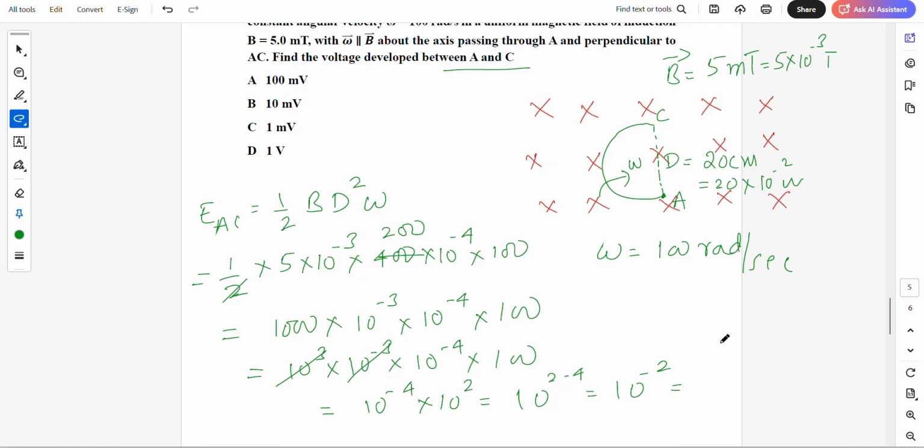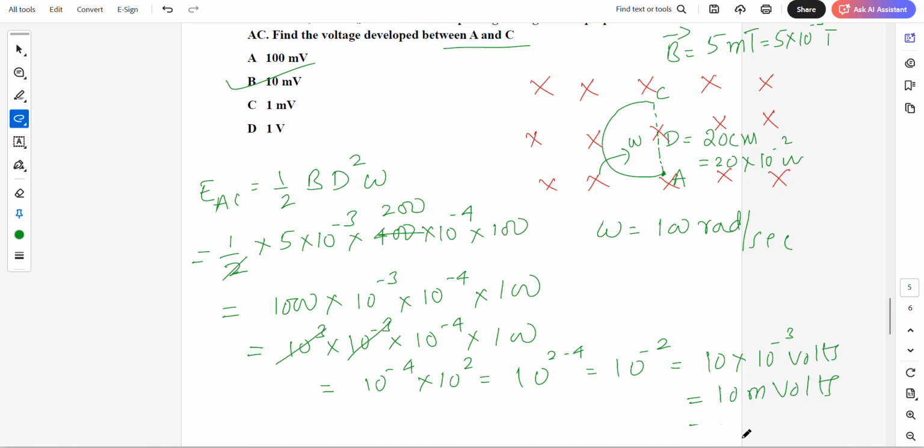I can write 10 to the power of minus 2 as 10 into 10 to the power of minus 3 volts. That is the same as 10 millivolts. 10 millivolts is the right answer. Hope you understood this.